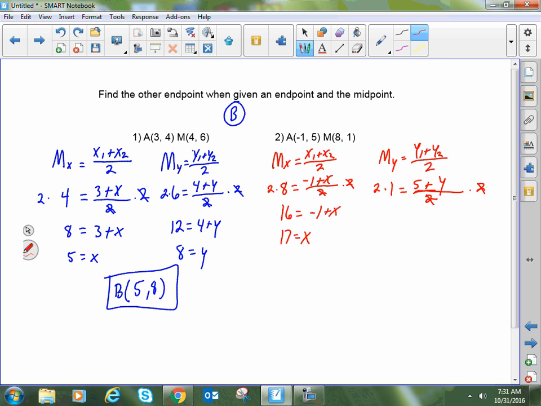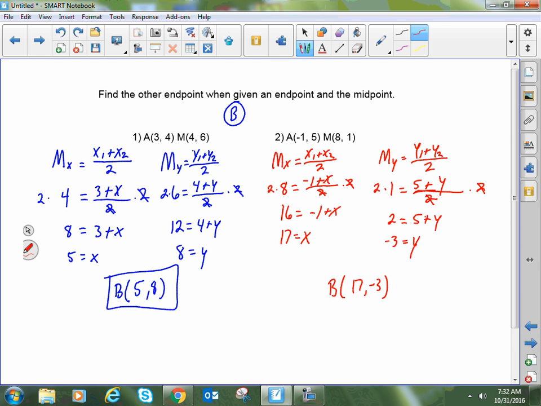The 2's on the right simplify. On the left side, I get 2 to be equal to 5 plus y. Subtract 5 on both sides, and I get negative 3 to be equal to y. So in this case, point B will be at 17 and negative 3.